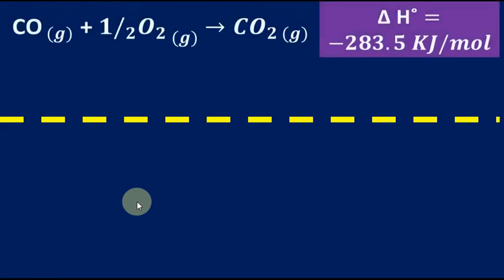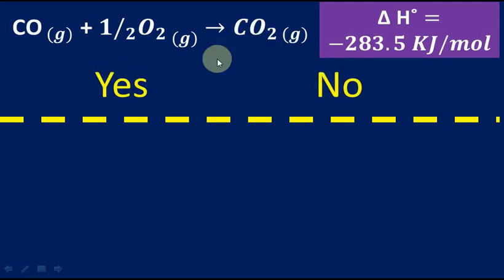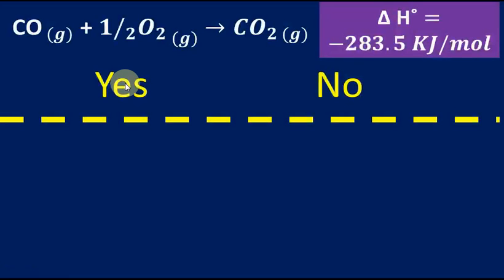Does this equation represent standard heat of formation or not? CO plus half O2 gives CO2, 1 mole of CO2, and delta H doesn't matter, negative or positive, released or absorbed, but it is 1 mole. You may say it is standard heat of formation. No, it is not standard heat of formation.